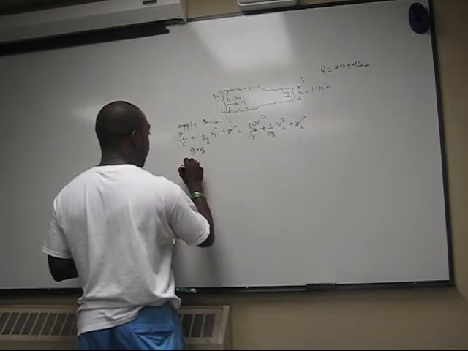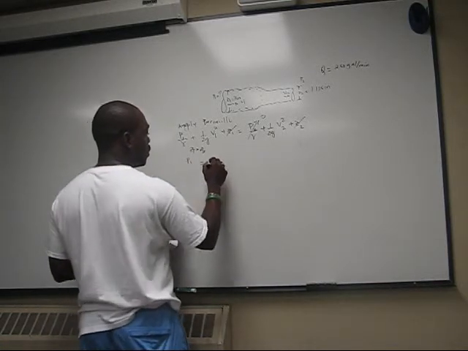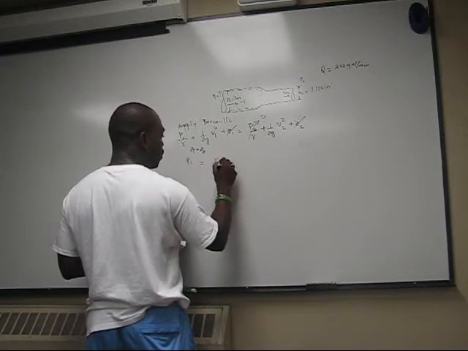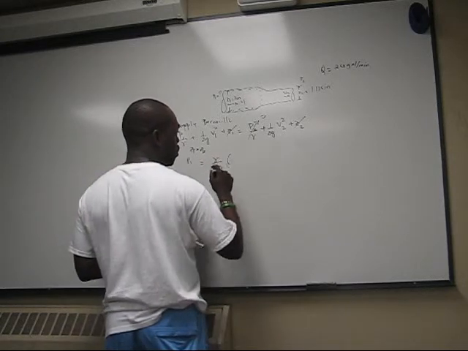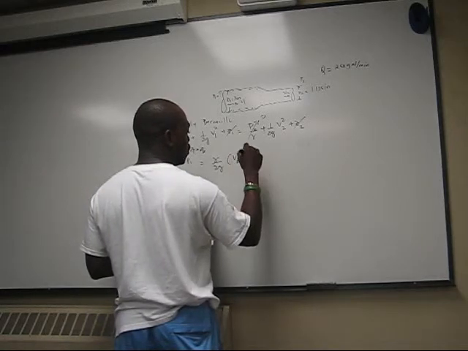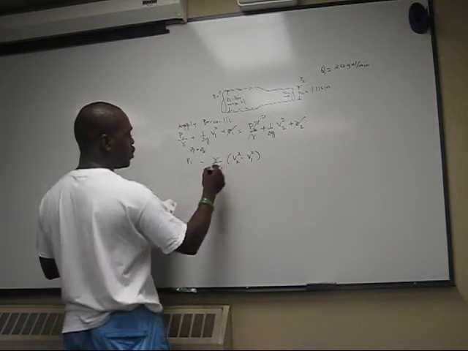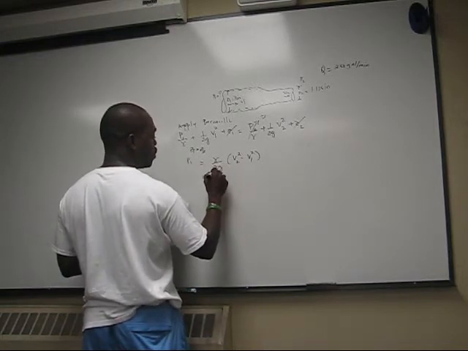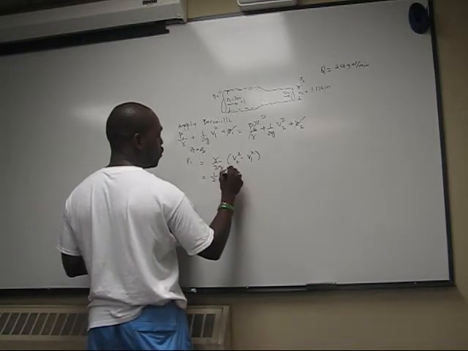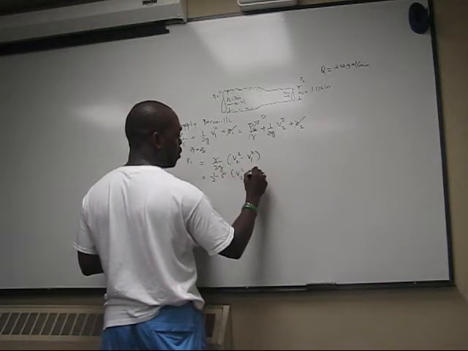So now what we have is the pressure will be over 2g, V2 squared minus V1 squared. So this one is basically 1/2 of the density of water.